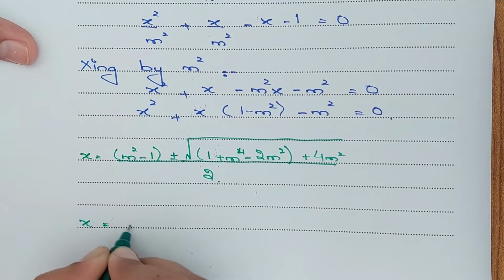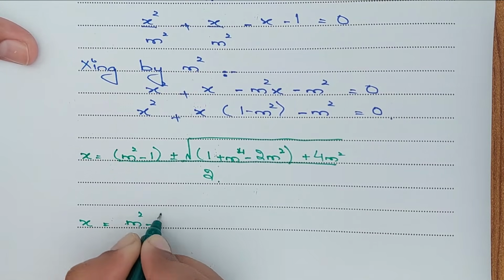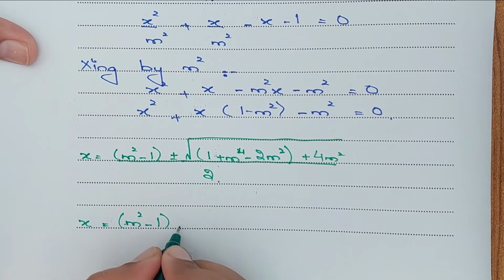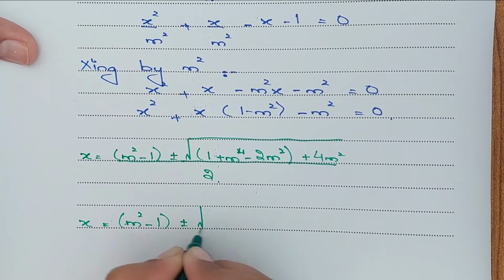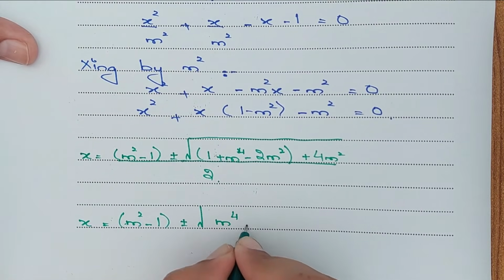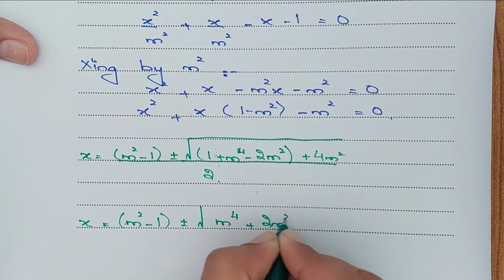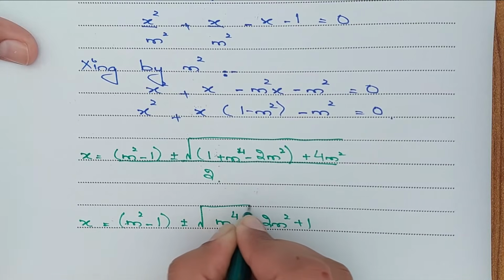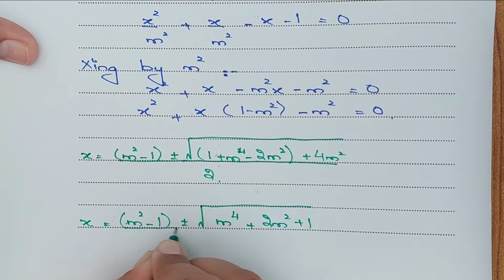So x would be equal to m squared minus 1, plus or minus the square root of m to the power 4 plus 2m squared plus 1, divided by 2.